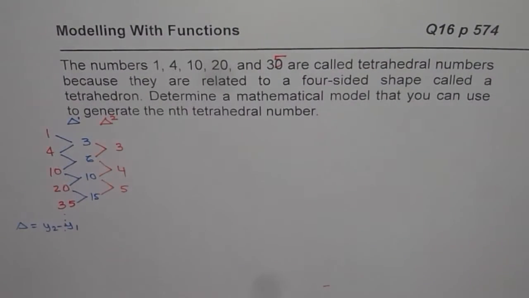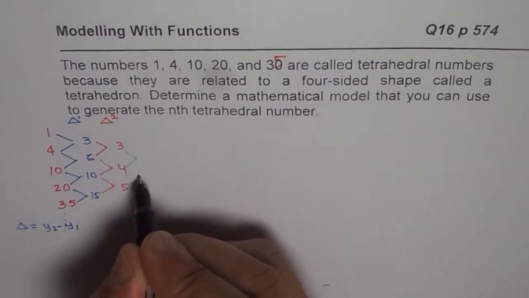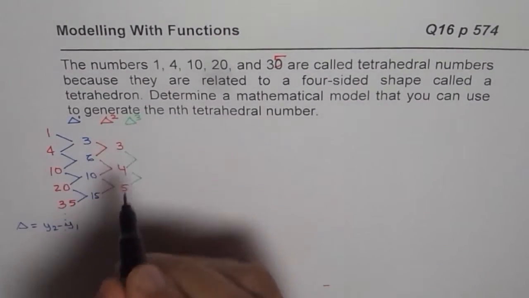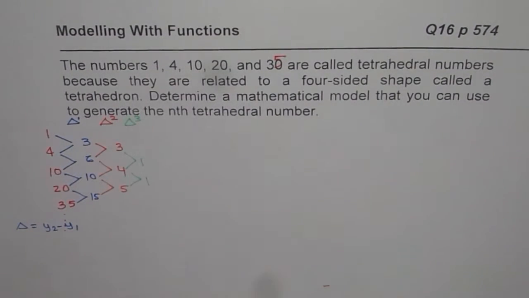This is also not constant, and therefore we can say that it is not a parabola, right? It's not quadratic. But let's figure out the third finite difference, delta 3. 4 minus 3 is 1, 5 minus 4 is 1. If you continue the series, that is constant.